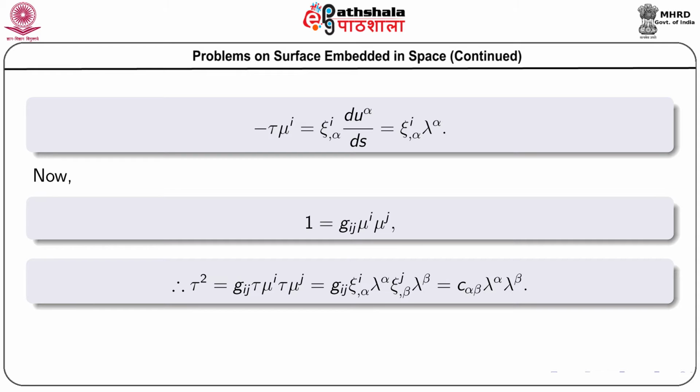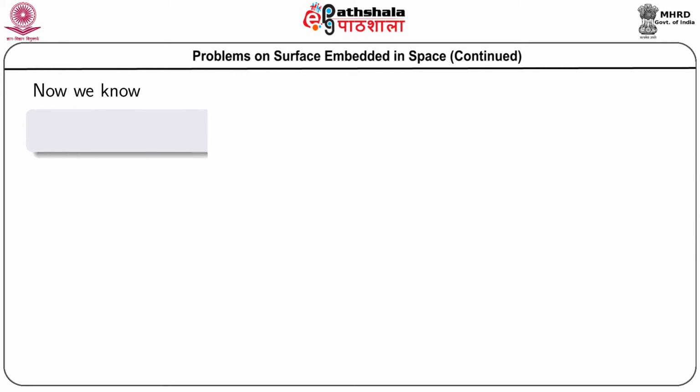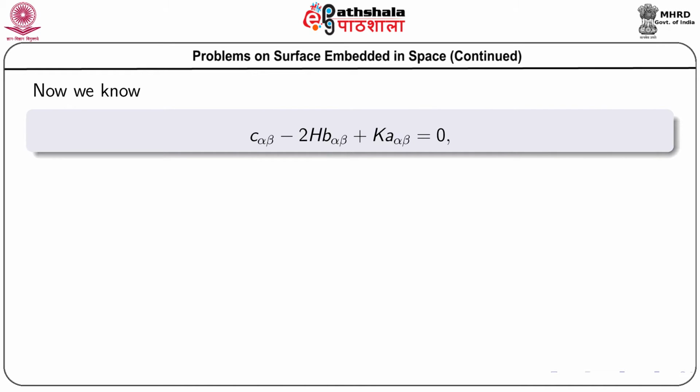So, it becomes c alpha beta lambda alpha lambda beta. Again, from the relation between the three fundamental forms, we also have this equation, that C alpha beta minus 2 H B alpha beta plus K A alpha beta equals 0.